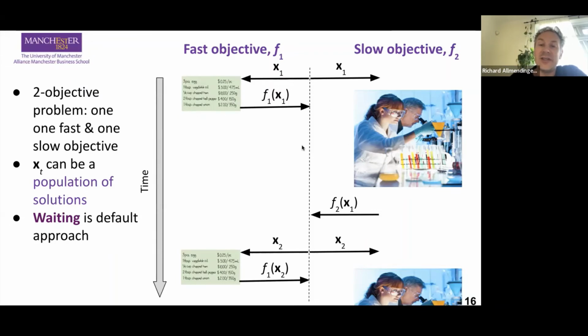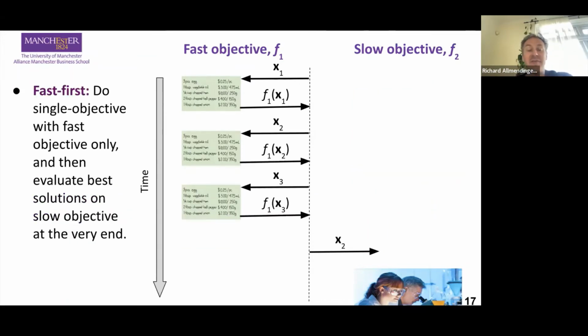That dashed line indicates the timeline. So most of the time, if you look at that picture, you will not be using F1, the fast objective. It will just be sitting there unused. That looks like a waste, because the standard optimizer would wait until all objectives have been evaluated and only then generate the next batch of solutions. So that is a naive algorithm.